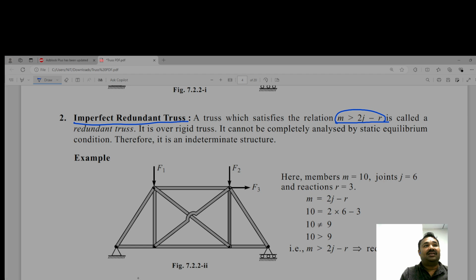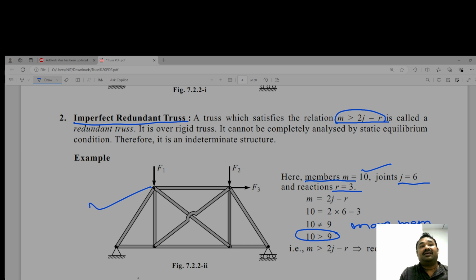See here, this is the structure, this is the example, and here the number of members M is 10, number of joints 6, and r is equal to 3. By putting all these values, we get 10 on the left hand side, which is greater than the right hand side.